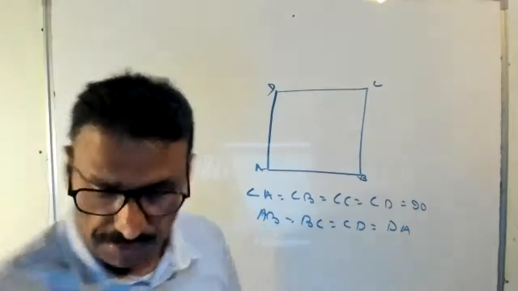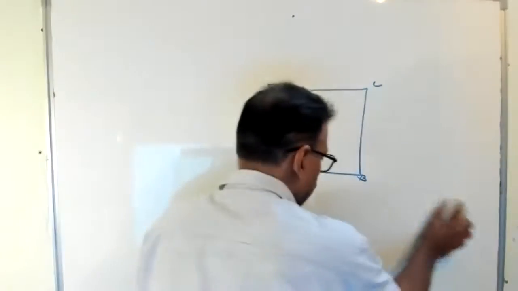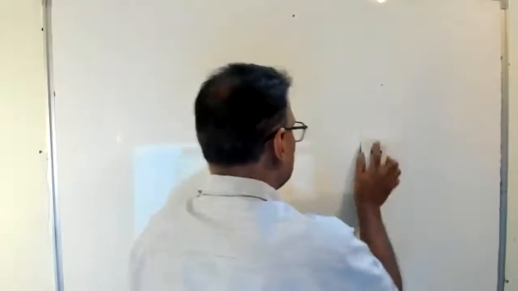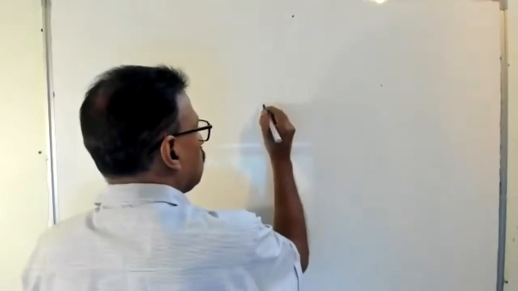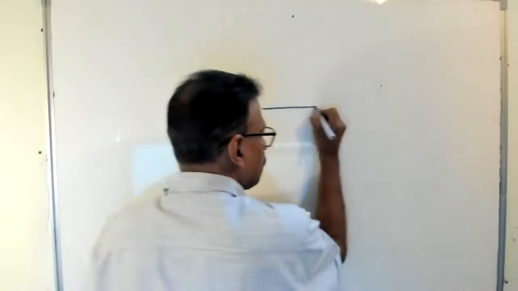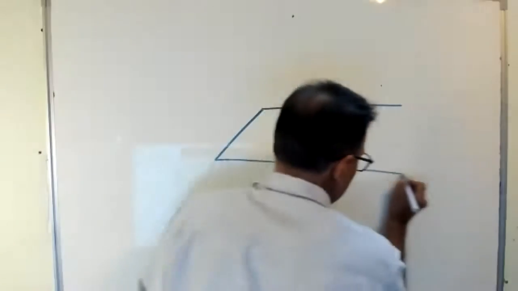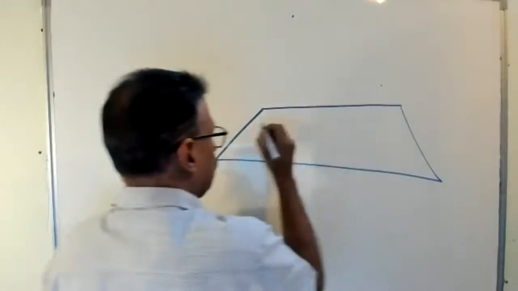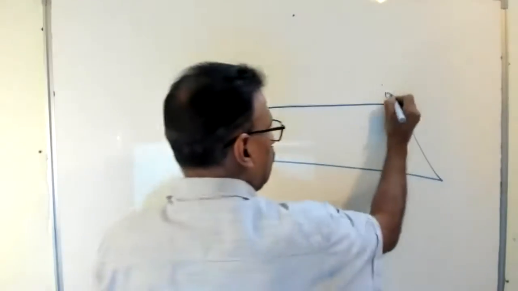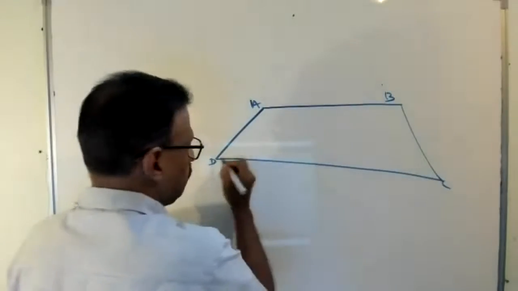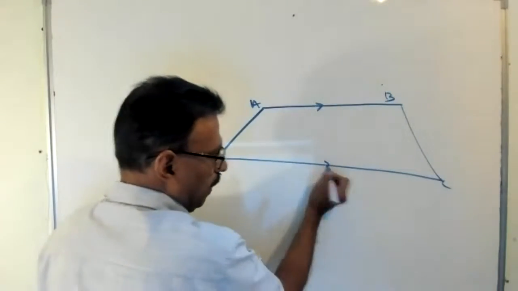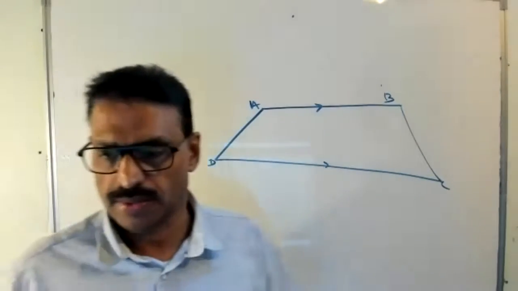Look at here. The first figure, trapezium. A, B, C, D. Trapezium means one pair parallel.